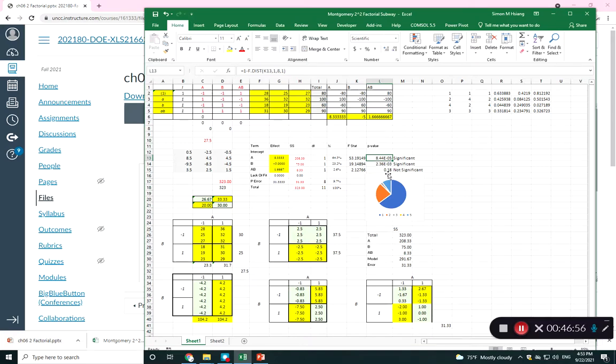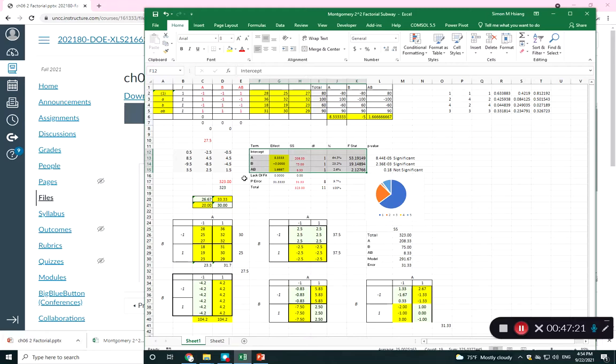And of course, A and B are significant, but the interaction is not significant. Okay? So this is your ANOVA table, but this time the ANOVA table is done through this contrast way. And this contrast way will be the way that we're going to use for response surface and everything.